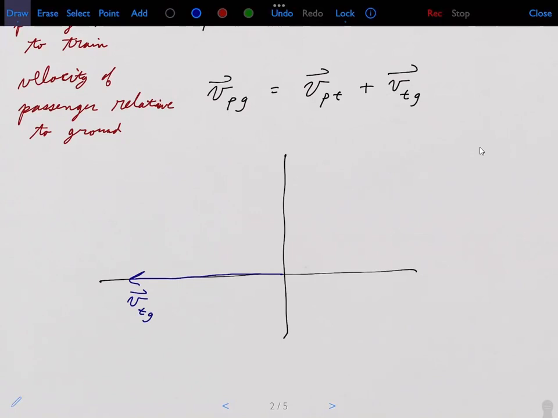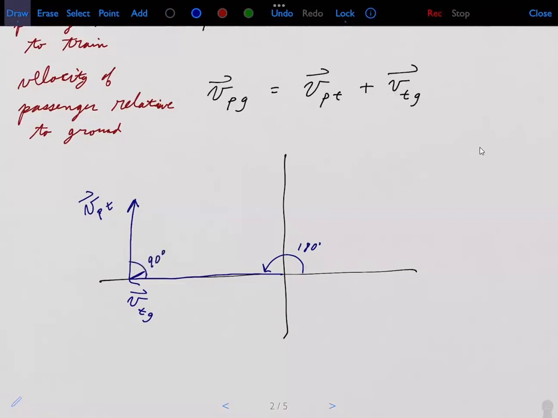That's going north, right, 90 degrees. This right here, by the way, was 180 degrees, right? That's west. And then if I go north, or 90 degrees, and since I'm adding these tip to tail, that's going to be this vector like this. So this is velocity of passenger relative to train, where this is 90 degrees here.